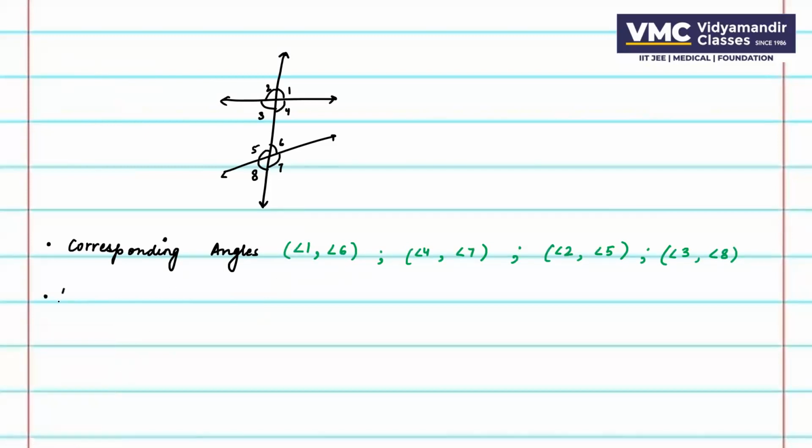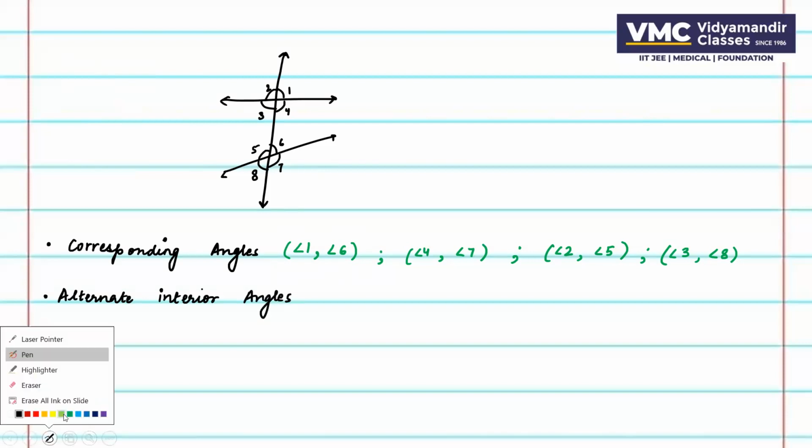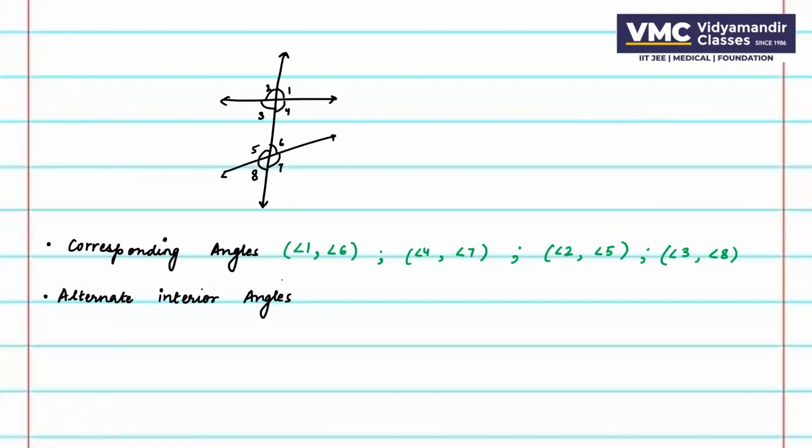Next, we have alternate interior angles. Now if we talk about alternate interior angles, angle 4 and angle 5 are one pair. And another pair is angle 3 and angle 6. These are alternate interior angles.